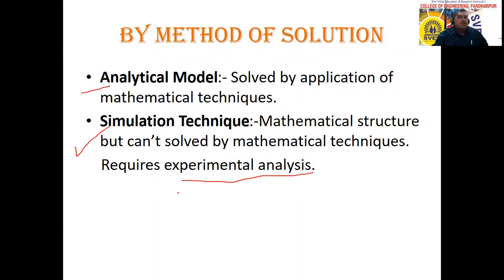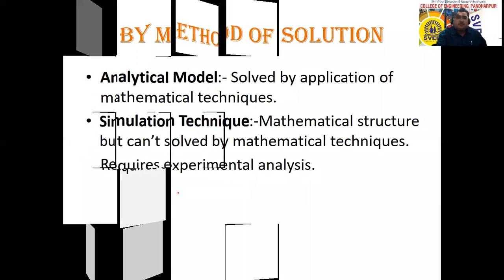So the LIC model, etc., that we have just considered, these are analytical models. Simulation models are nothing but your body checkup, some computer experiments, some vehicle simulations, etc. So these are called the simulation models.